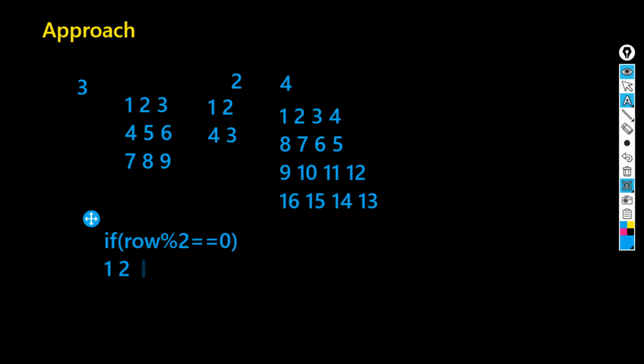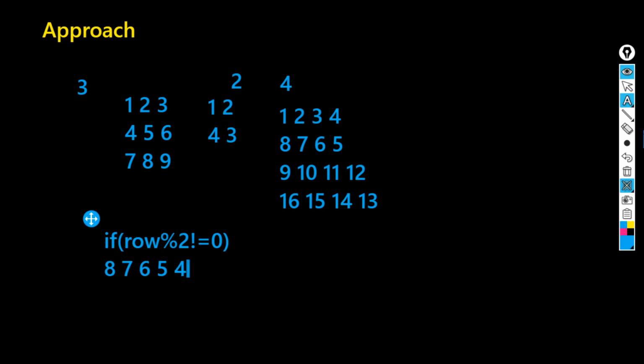And if this condition is false, then we will print in reverse order 8, 7, 6, 5, 4, and so on till what we want. So in this we want 4 numbers, so I have printed 8, 7, 6. Here again 16, 15, 14, 13. So this is what we have to do.